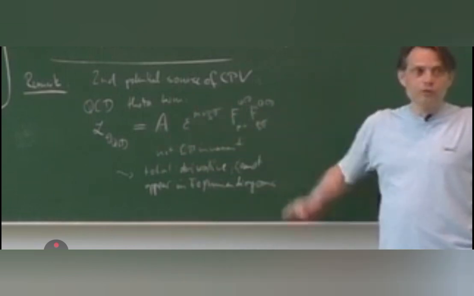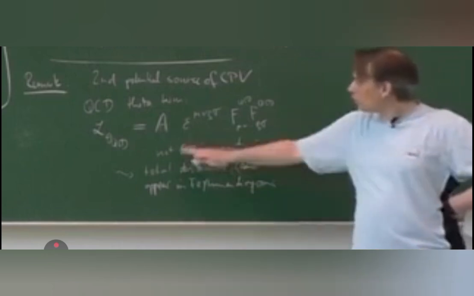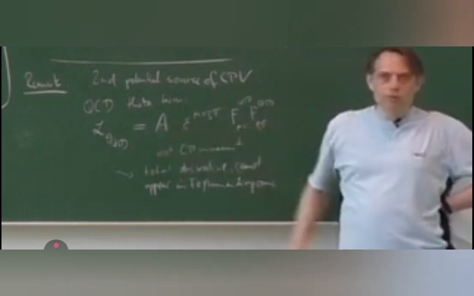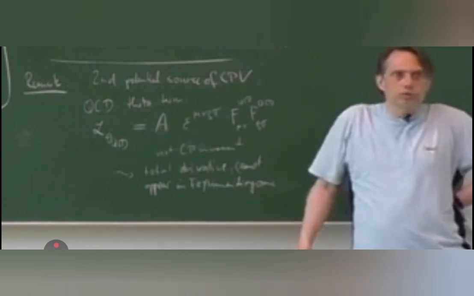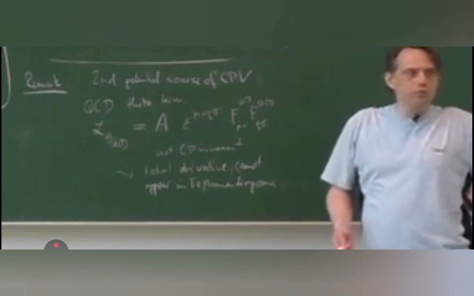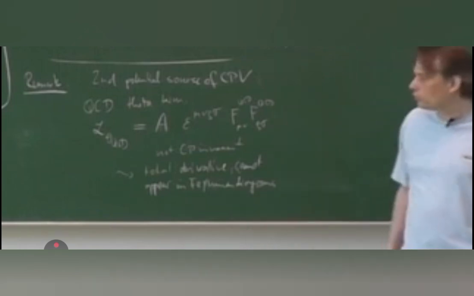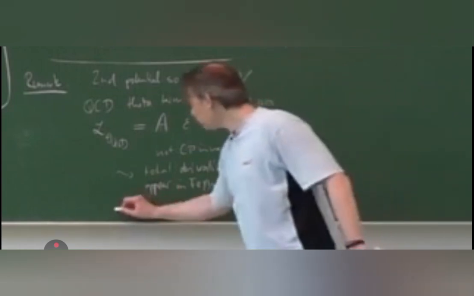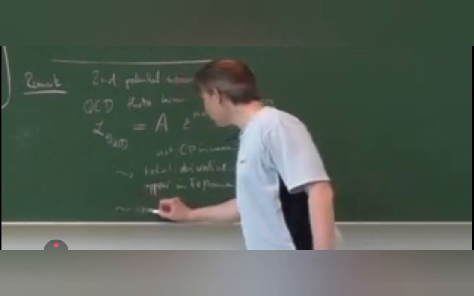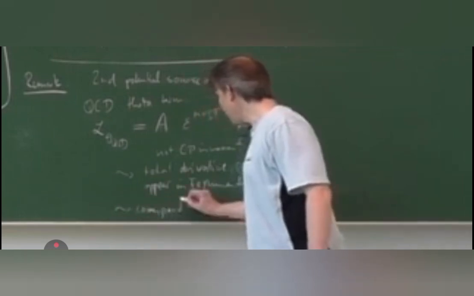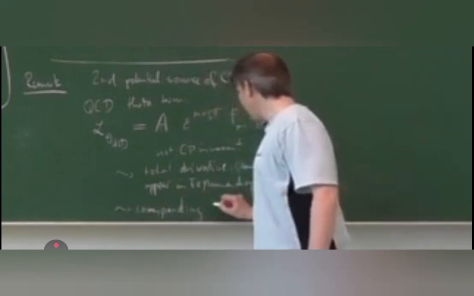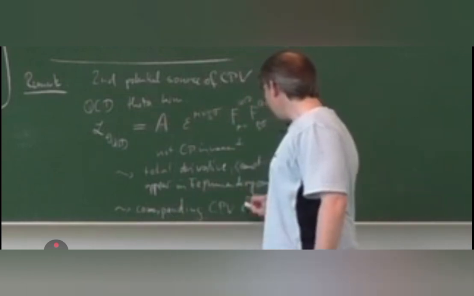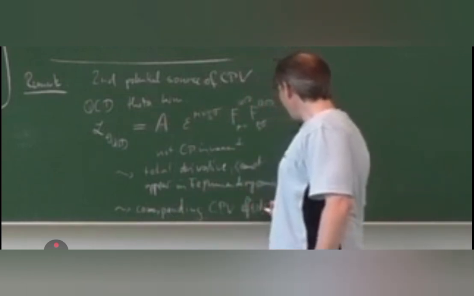Therefore, experimentally we have found that the coefficient of this term is zero, or if it's non-zero, it must be extremely small because we do not see its effects. So let's simply say the corresponding CP violating effects are not observed.